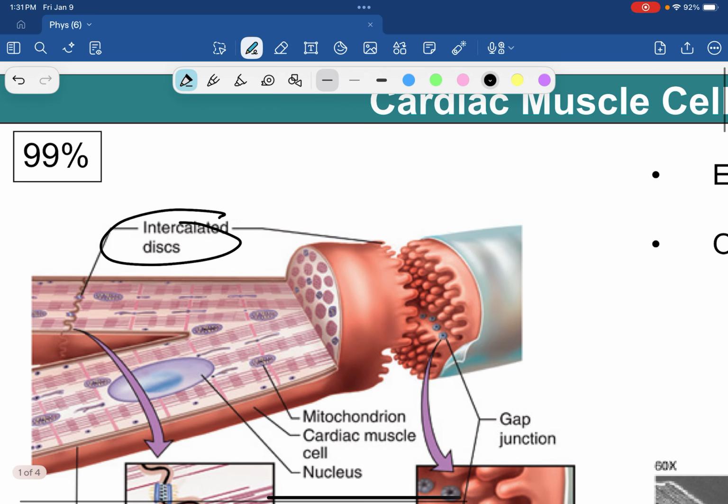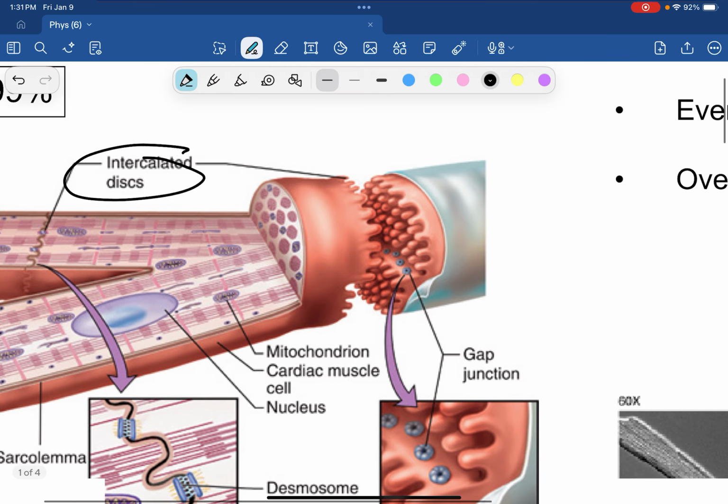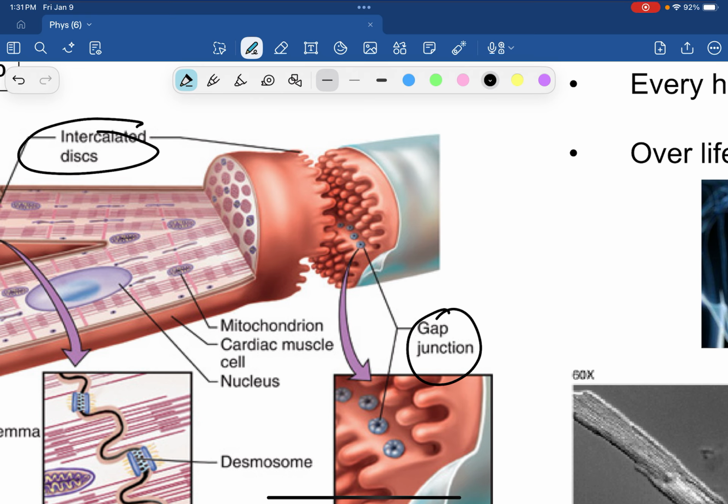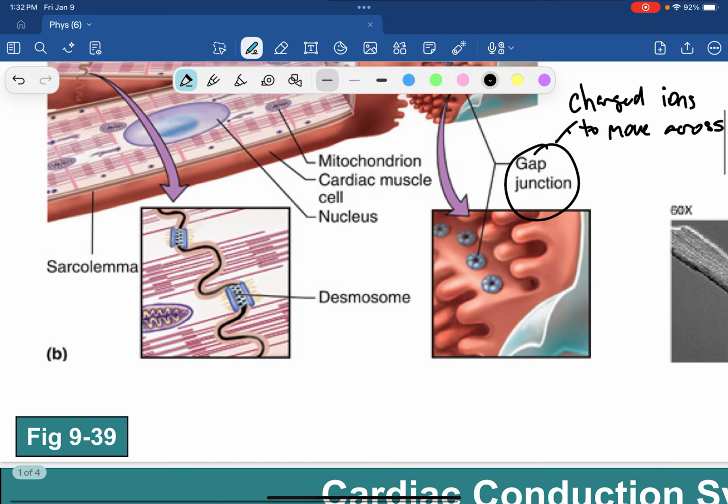We then have our gap junctions, and these allow charged ions to move across. And then we have our desmosomes.